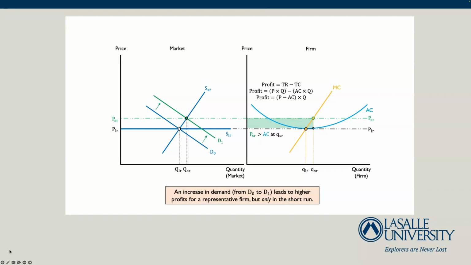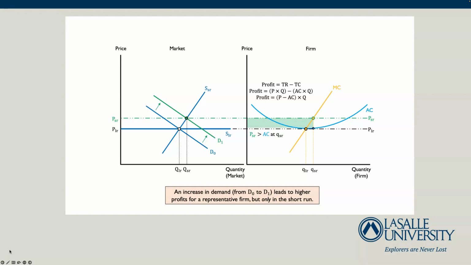Before, that was taking place at QLR. But given this higher price level and higher marginal revenue, they want to set the additional revenue from sales equal to their additional cost of production in order to maximize profit. So they choose that position where price intersects marginal cost and then go down and produce that quantity.